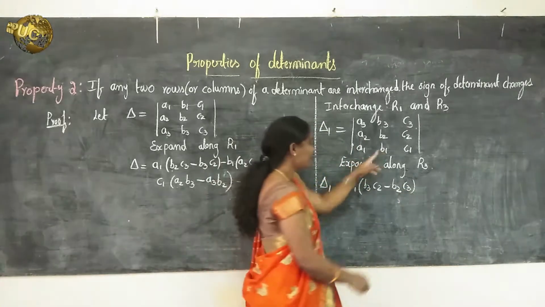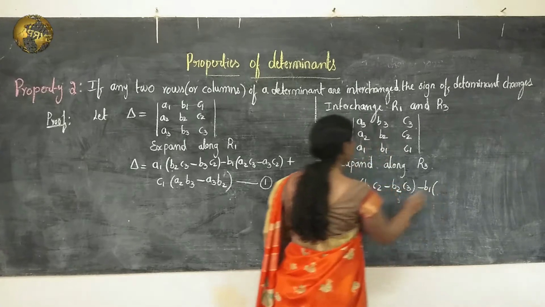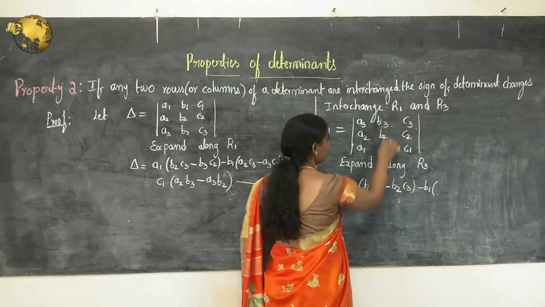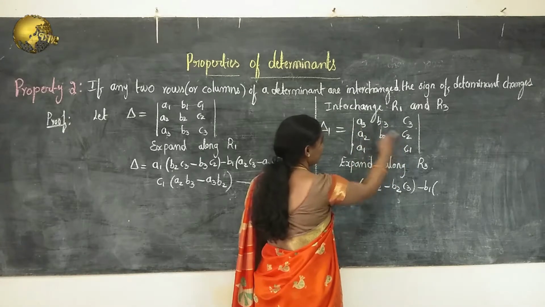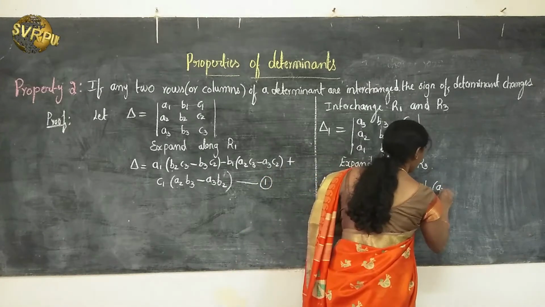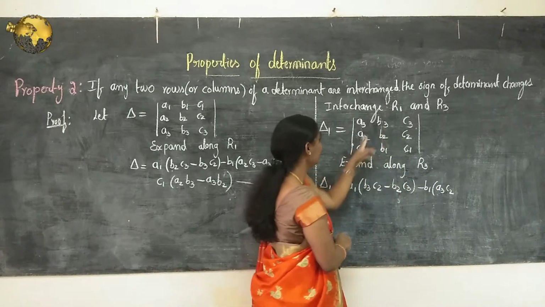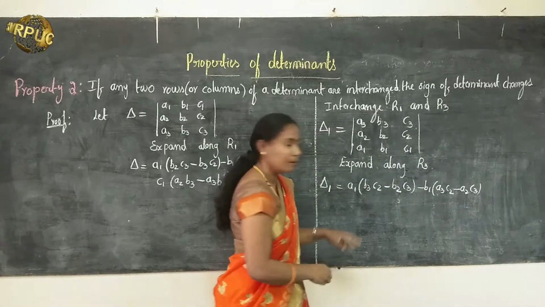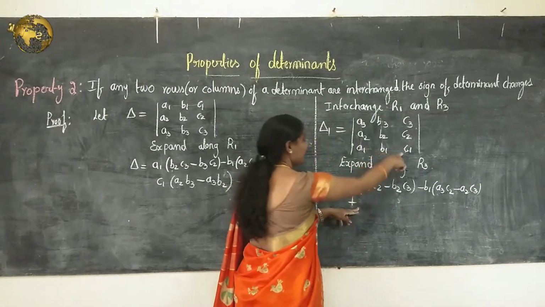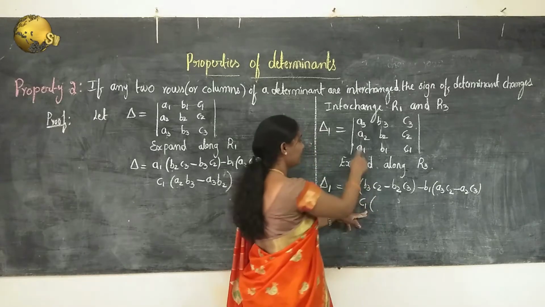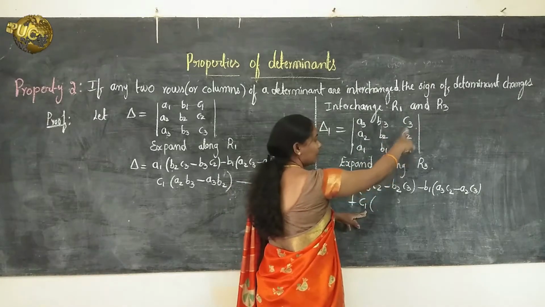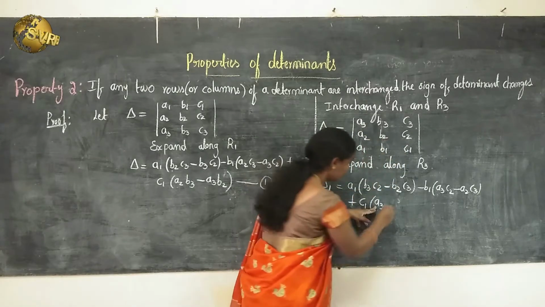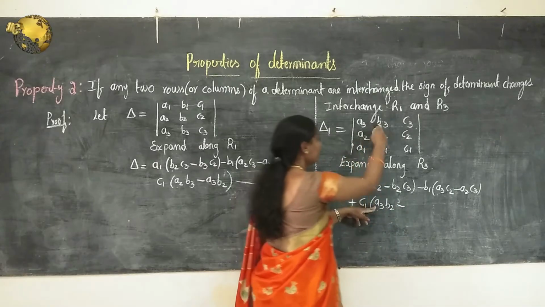Then minus B1 into, neglecting the second column, third row, the remaining elements are A3 C2 minus A2 C3. Plus C1 into third row, third column, so A3 B2 minus A2 B3.